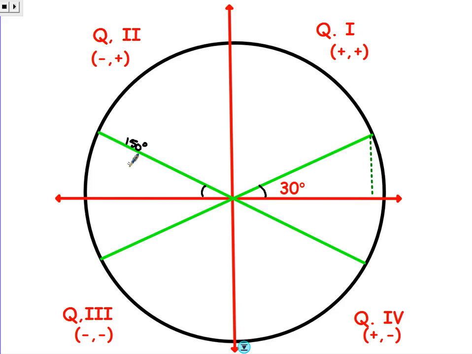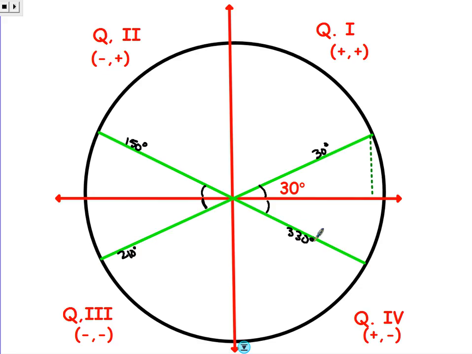So 30 degrees is here. 150 degrees is here. It also has a reference angle of 30. This would be 180 plus 30. So that would be what, 210? 210 degrees. That also has a reference angle of 30. And what else? 360 minus 30? 330. Good.